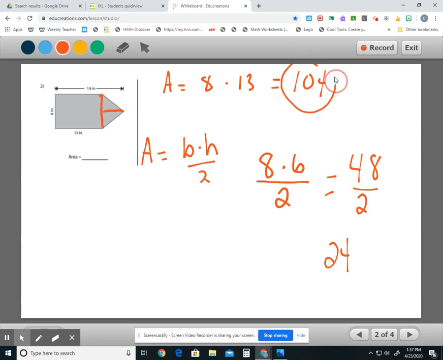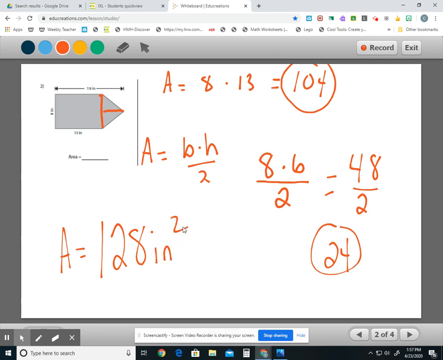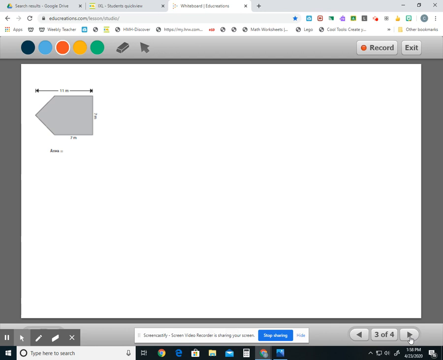So if I have 104 for the rectangle, and my triangle is 24, I just have to add those out, and I should get area is equal to 128 inches squared. Okay, let's go on to the next one.